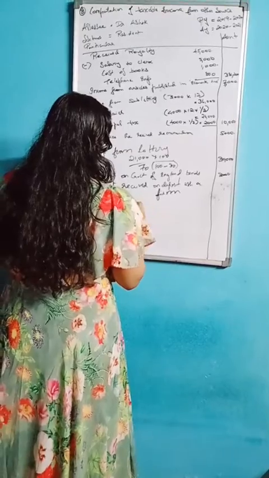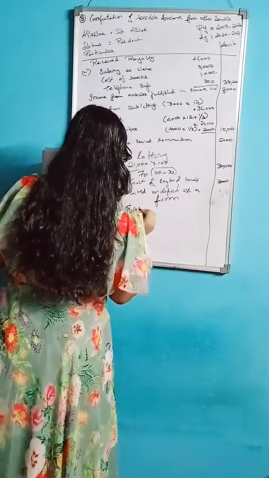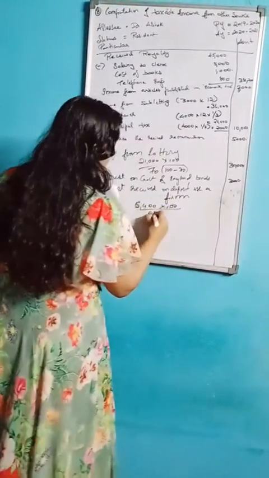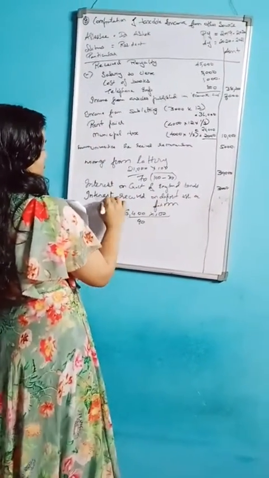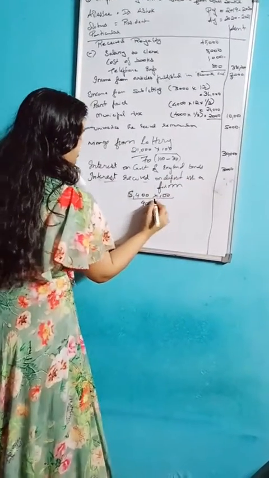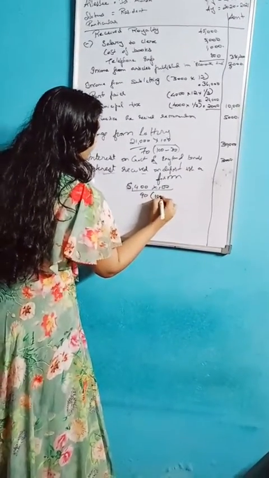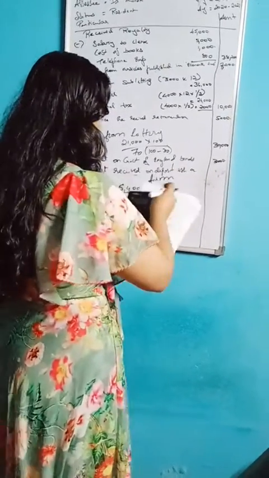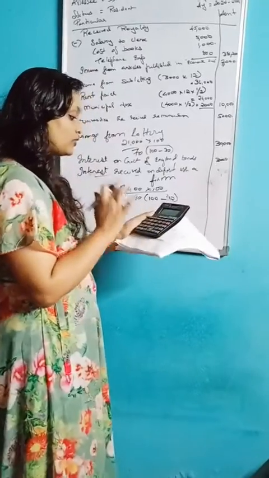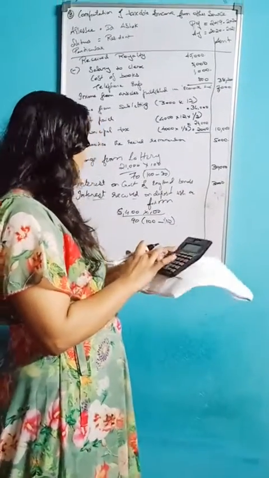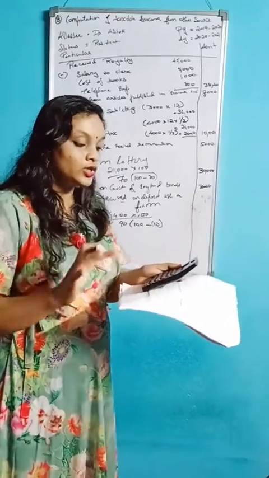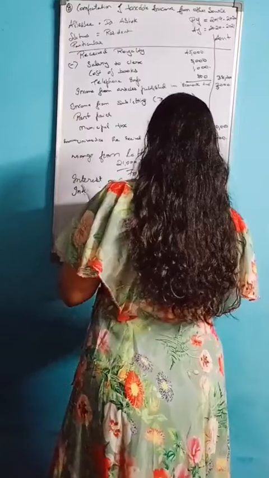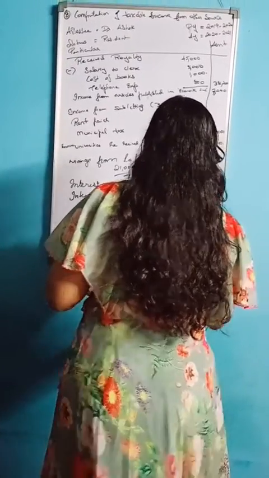In the question, 5,400 into 100 divided by 90, because the deposit is with a firm. So 100 percent, 10 percent is deducted, so you will get 90. So 100 minus 10, you will get 90. How much will you get? 5,400 into 100 divided by 90, you will get 6,000. Right, here 6,000.